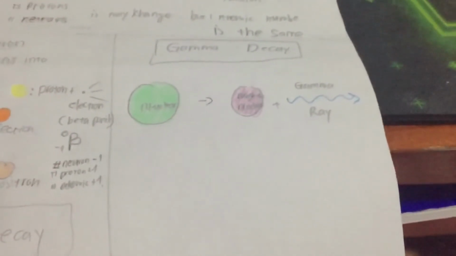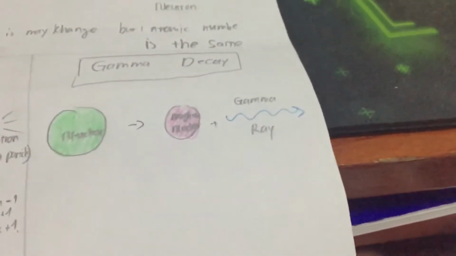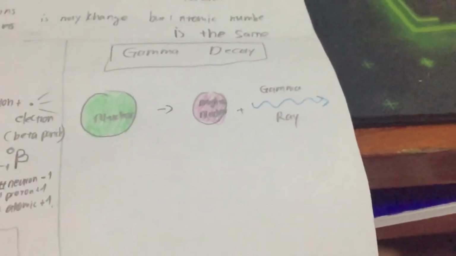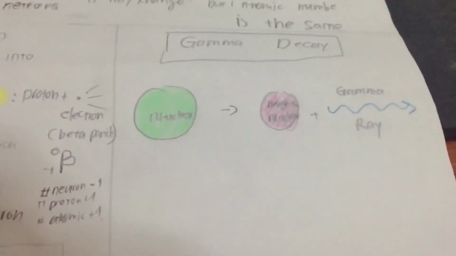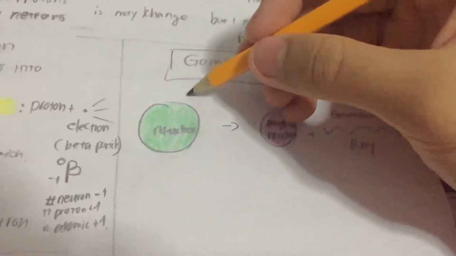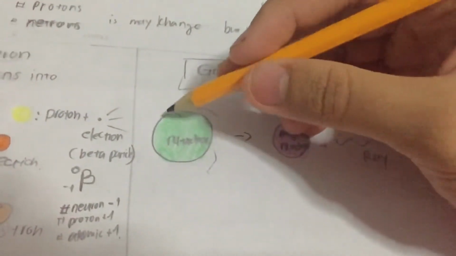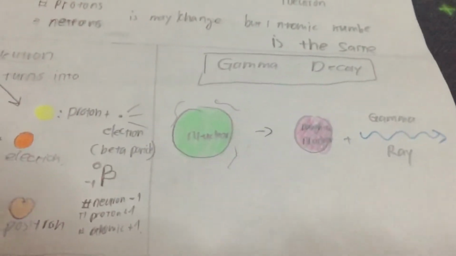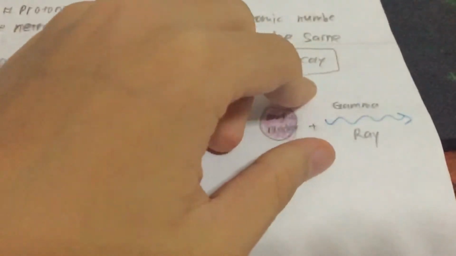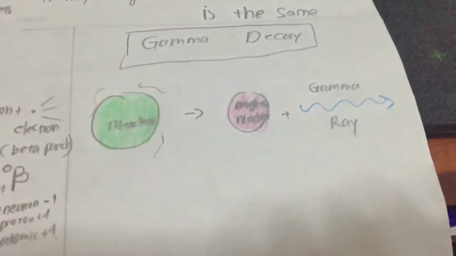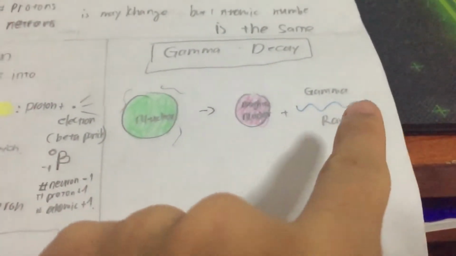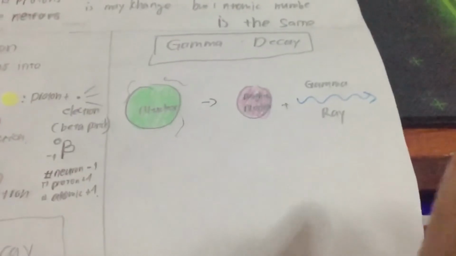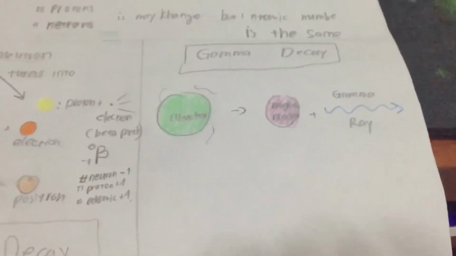The final one is gamma decay. Gamma decay happens after alpha and beta decays. When the nucleus is still in an unstable form, it gives up and splits into the daughter nucleus and a gamma ray to balance the nucleus again.